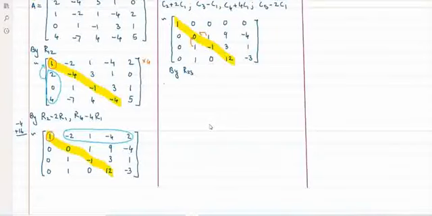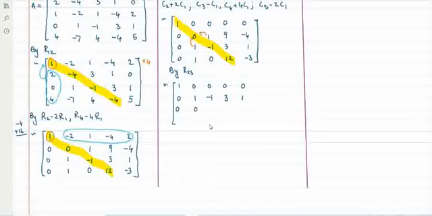Let us check. So the new equivalent matrix: first row no change, 1, 0, 0, 0, 0. Third becomes second, that is 0, 1, minus 1, 3, and 1.